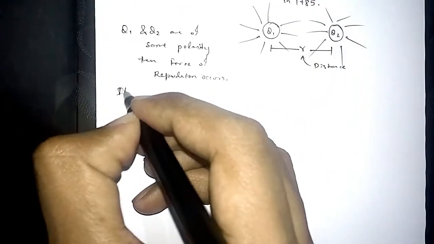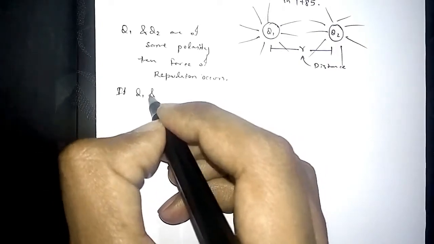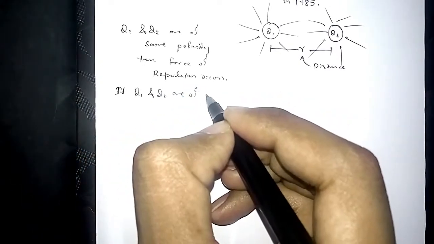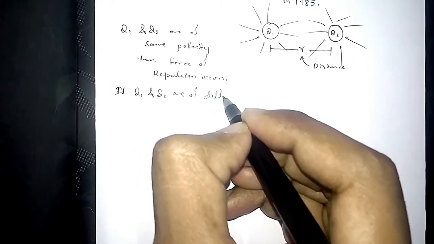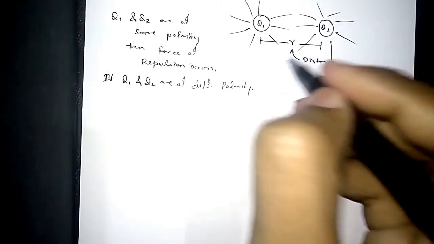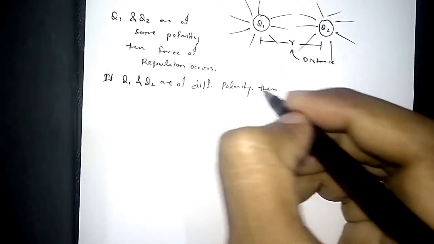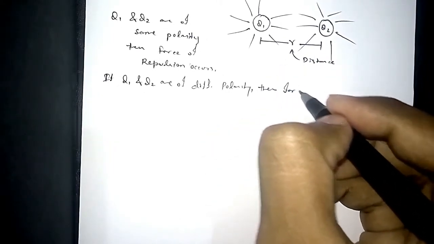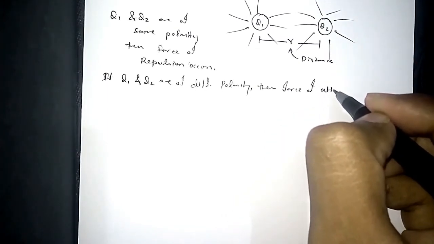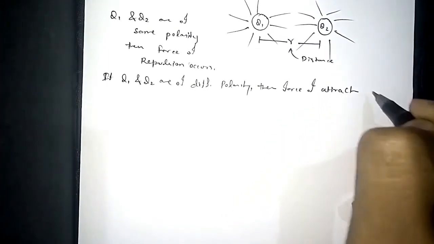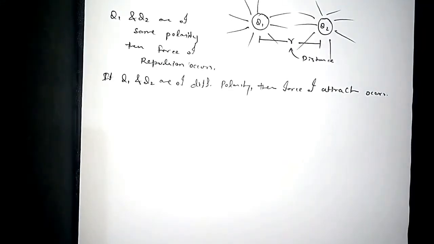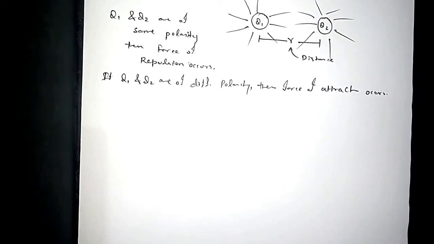If Q1 and Q2 are of different polarity, then force of attraction occurs. Like we know, opposite attracts each other.